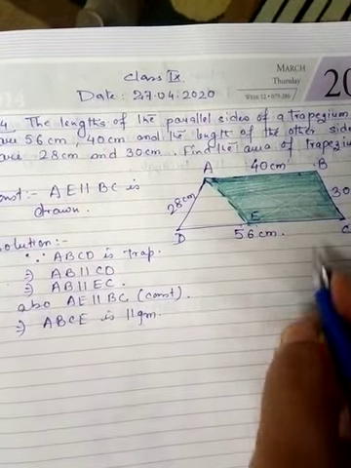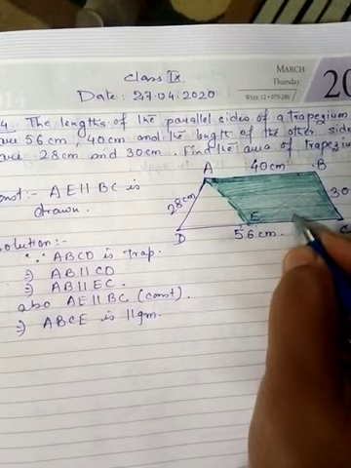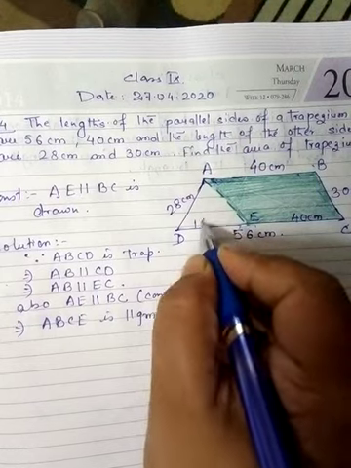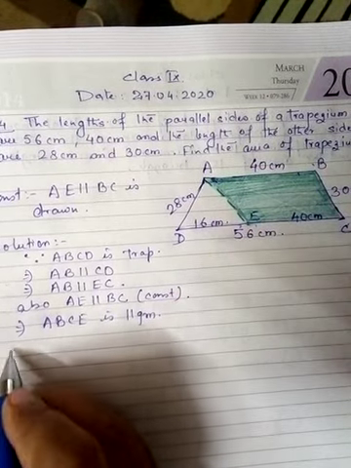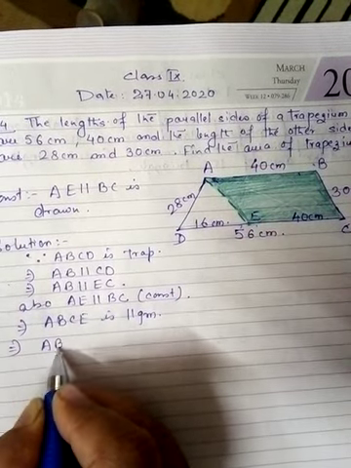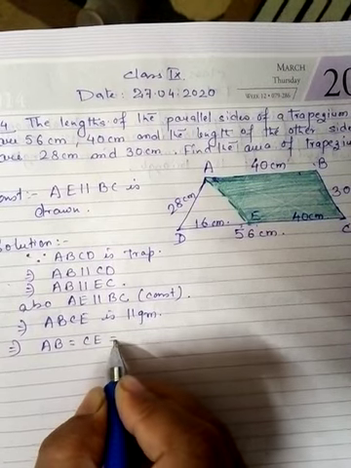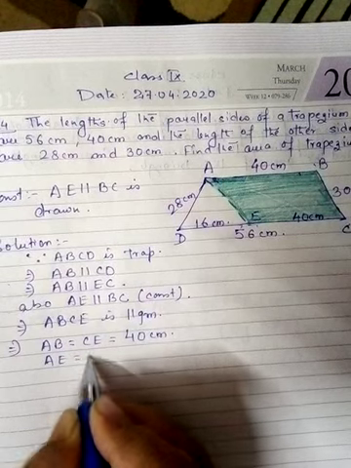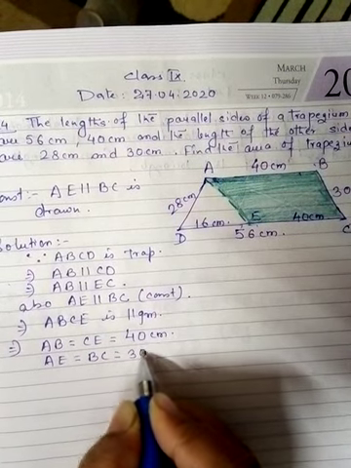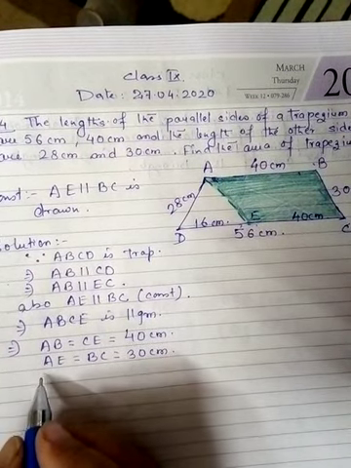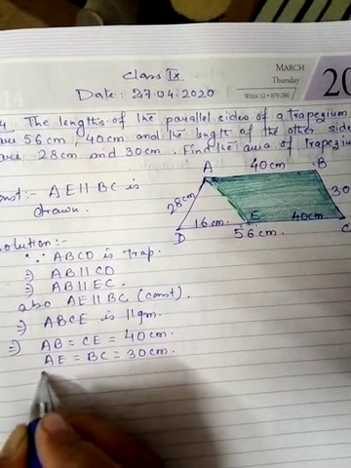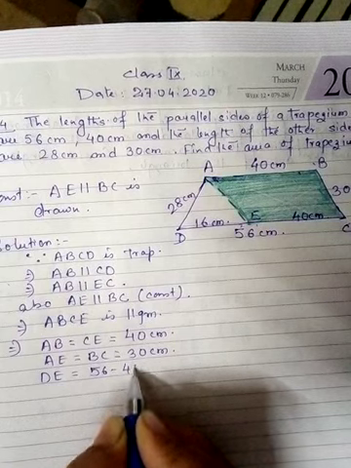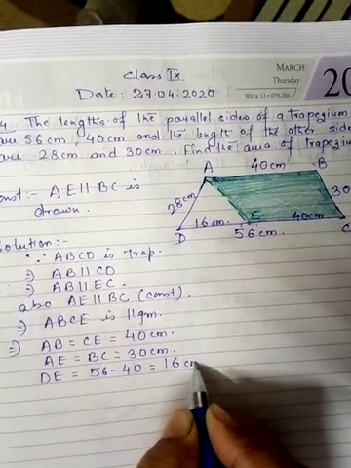And if this is a parallelogram, then AB is equal to CE is equal to 40 centimeter, AE is equal to BC is equal to 30 centimeter, and DE is equal to 56 minus 40, that is 16 centimeter.